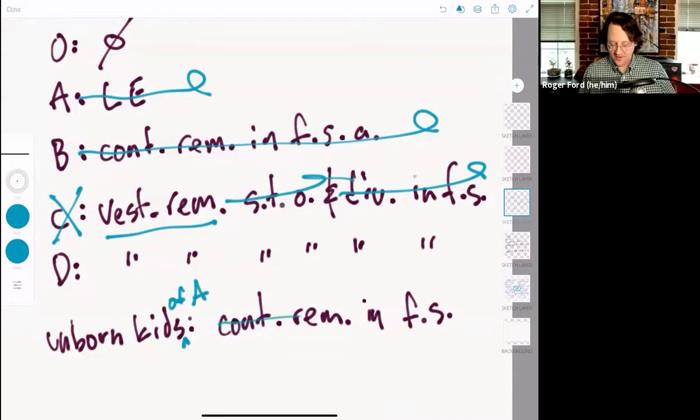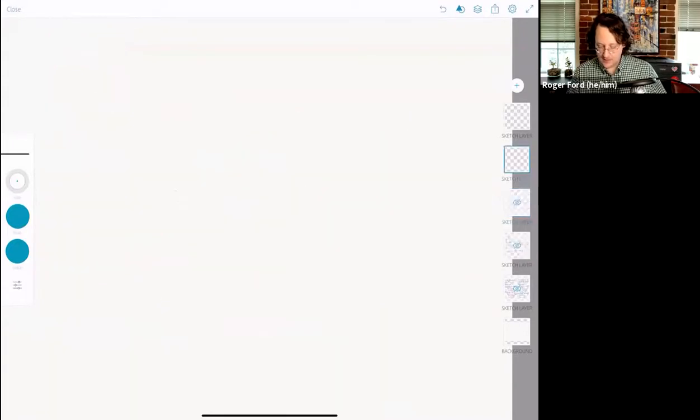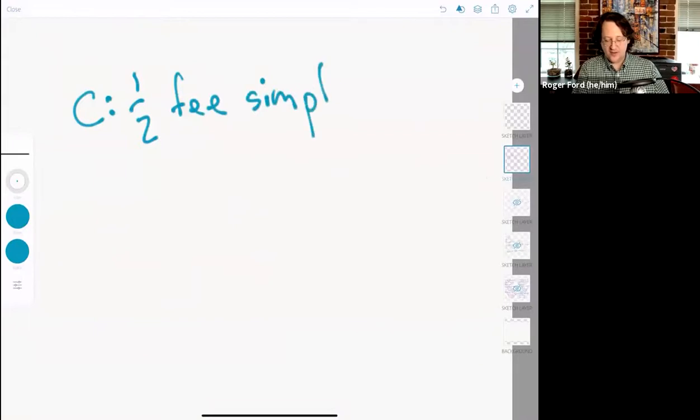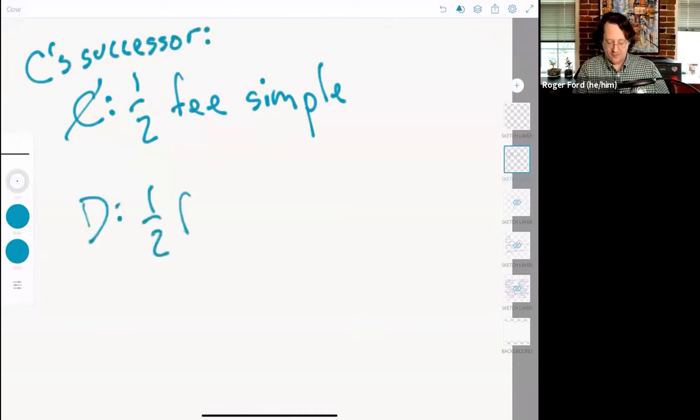Yeah, because they don't exist and they're not going to. So now we just have C has a half interest in a fee simple, right? Or actually C is dead, so it would be C's successor. And D would have a half of a fee simple as well.